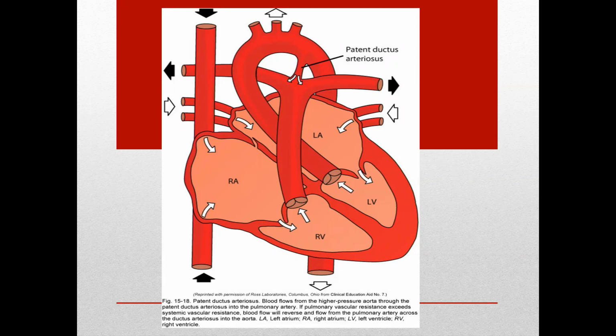With a PDA, the hypoxic event then is when the blood flows from the aorta into pulmonary circulation. That's less oxygenated blood being dispersed. Aorta is oxygenated blood going back into the pulmonary vessels. So when you lose oxygenated blood in the aorta, is that what's causing the hypoxia?